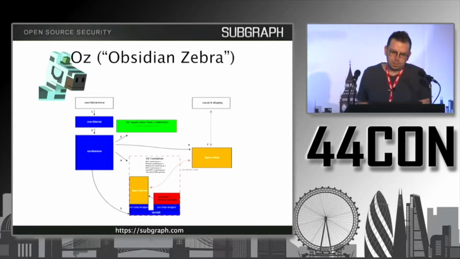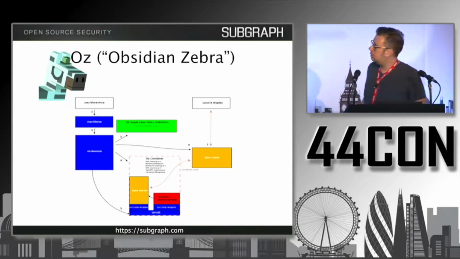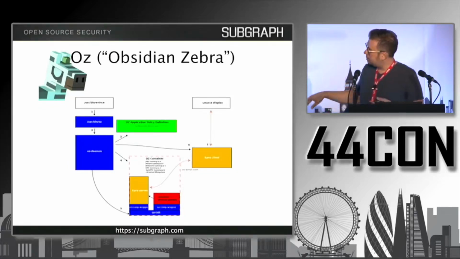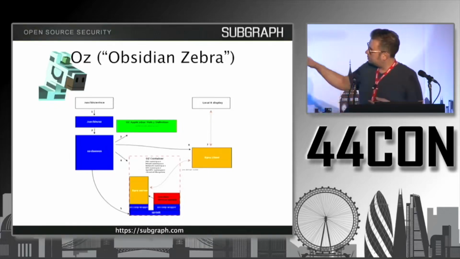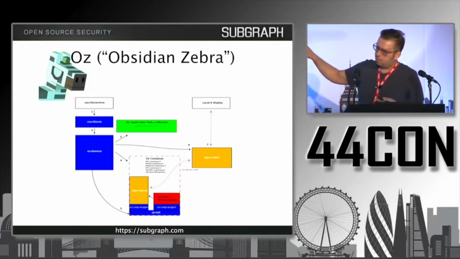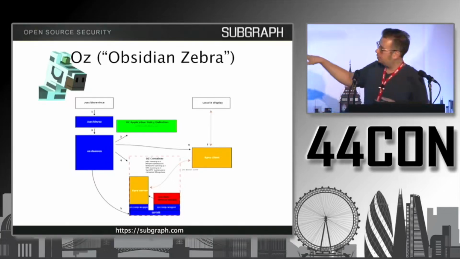Basically, we replace the binary on a file system, or we redirect the path. There's a client called Oz, and when you run your program like Evince, which is a PDF viewer, you're actually running Oz, the client, which reaches out to a daemon that looks up the Oz profile, and then it spins up an init process in a new PID namespace, in a new network namespace, and then it runs the application with parameters that are defined in the profile.